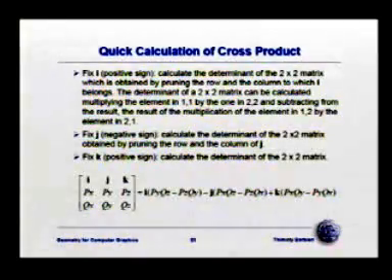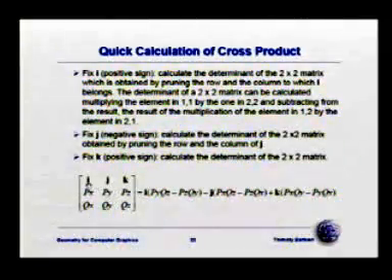Do you remember that? Yes, right. Okay, the idea is that you put i, j, k on the top row, then you put the components of the two vectors of which you want to calculate the cross product. So you put Px, Py, Pz on the second line, Qx, Qy, Qz on the third line. Now you're ready to go.